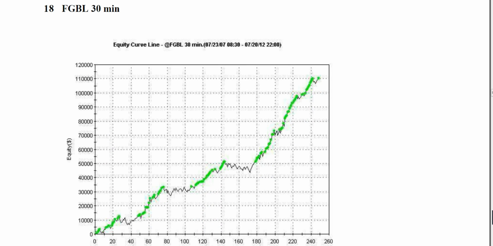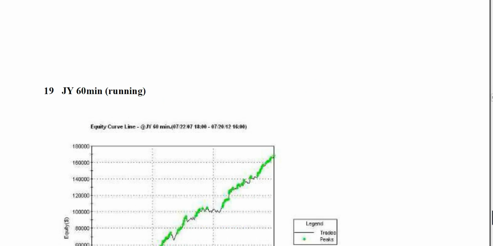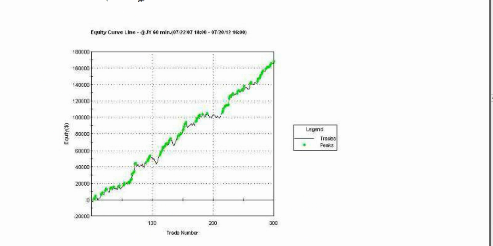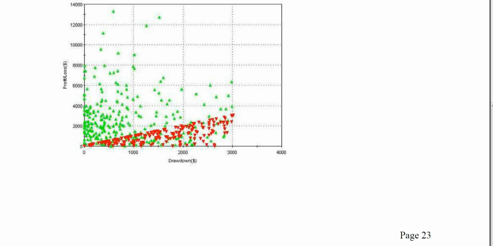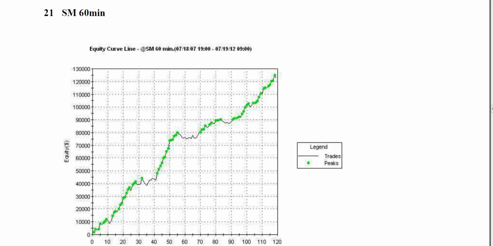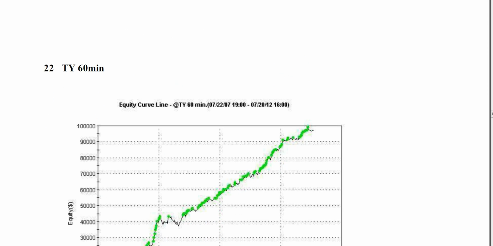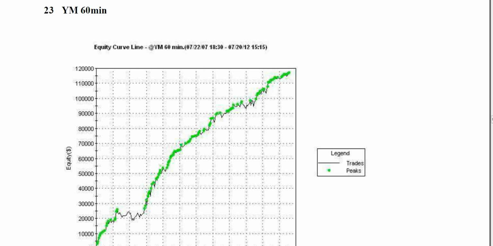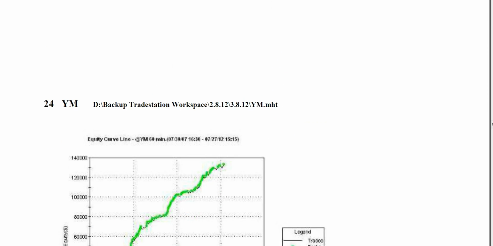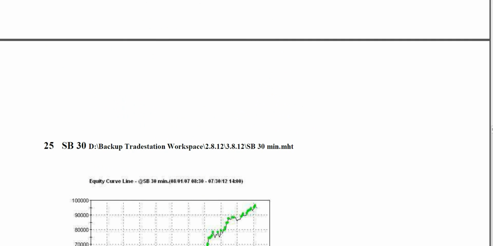This is the German bond. This is the Japanese yen. This is gasoline. This is soya meal, a US bond. And all the performance reports have high average trade net profits.